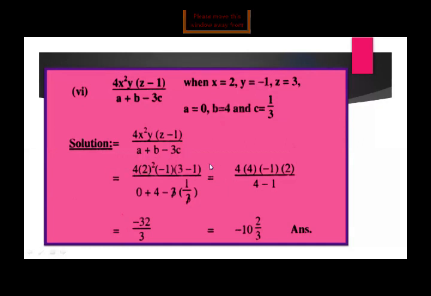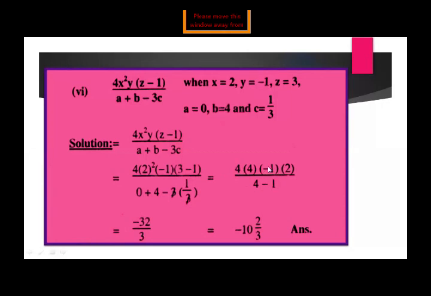In the denominator, 0 plus 4, the answer is 4, and that 3 is cancelled by the 3, so we get the answer minus 1.